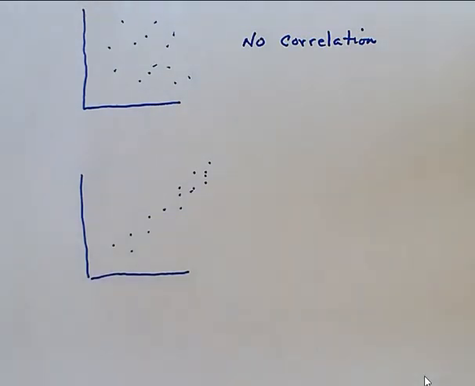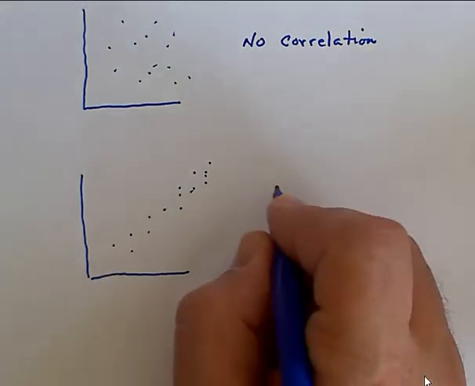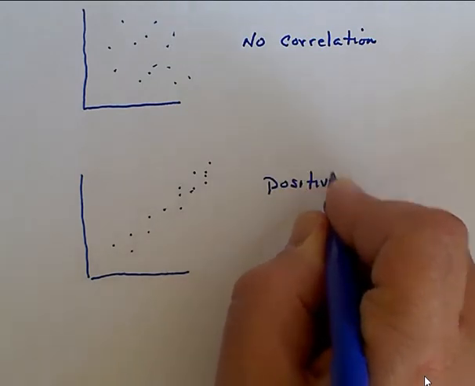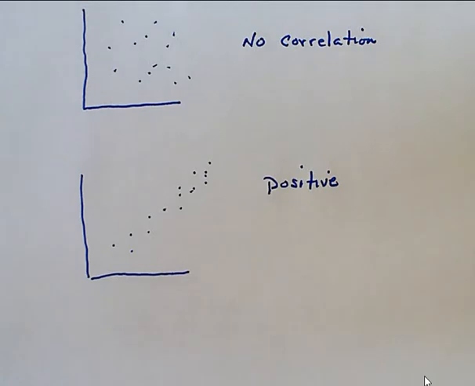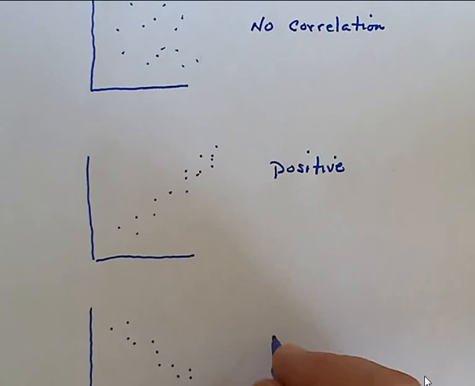If you see something like this, I can say because it increases from left to right, this thing has a positive correlation. Same thing can happen in an example, we can do this. This one has a negative correlation.